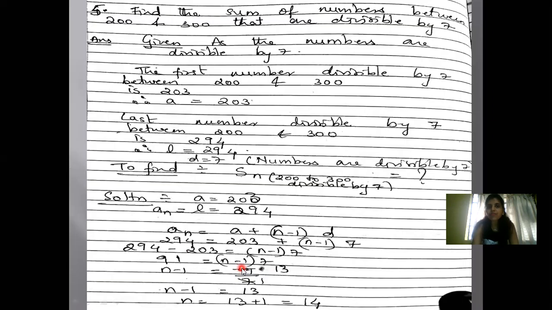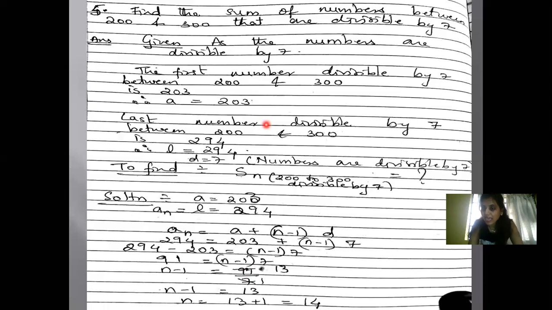Again, I repeat, as we have done in the previous sum, we have to find the numbers divisible by 7 between 200 and 300. After 200, the first number that will be divisible by 7 we got as 203. Then the last number before 300 that will be divisible by 7 we got as 294.